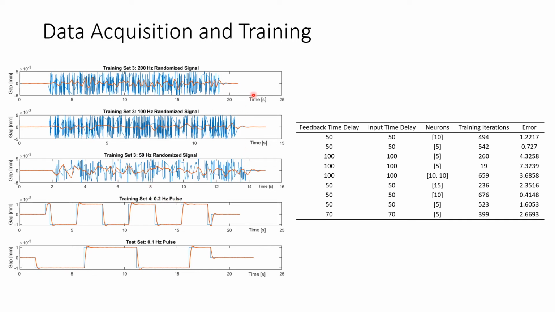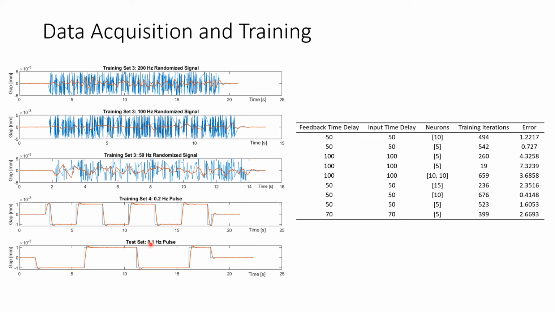Those 3 are completely randomized between specific values, and the 0.2 Hz is a structured pulse with specific periods, and the test case is something that would occur in real use cases.